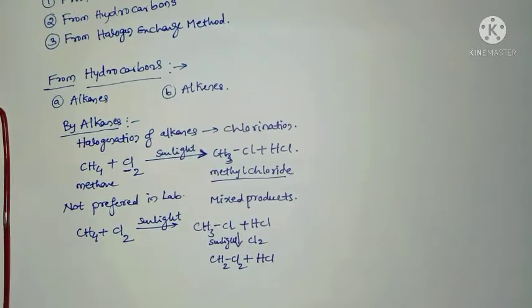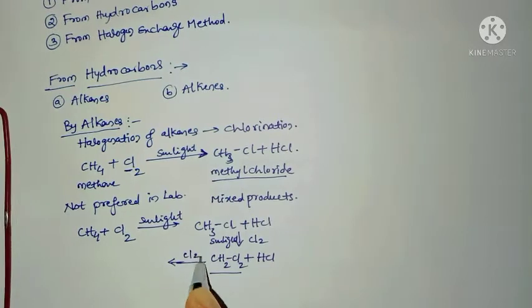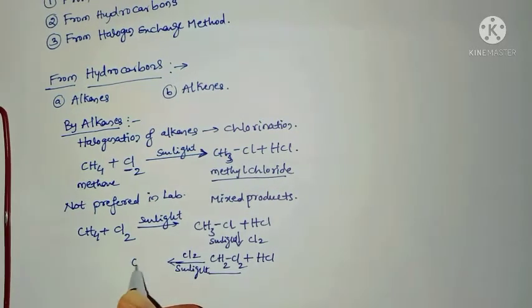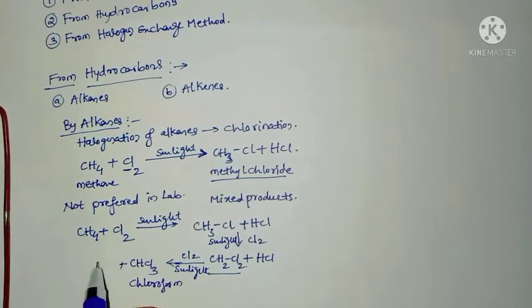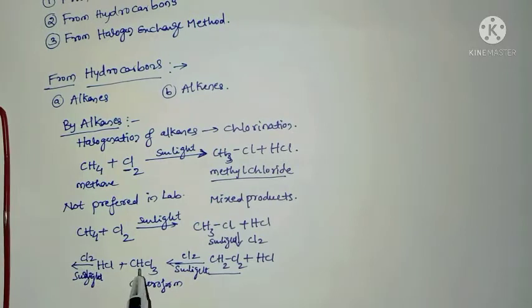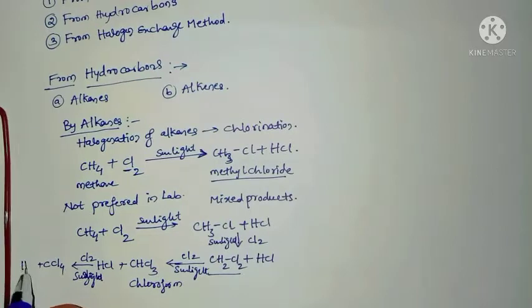This methylene chloride again reacts with chlorine in the presence of sunlight and undergoes chlorination to give CHCl3, which is known as chloroform, plus HCl. This again reacts with chlorine in the presence of sunlight: one hydrogen is removed and one halogen is added, giving CCl4 plus HCl.